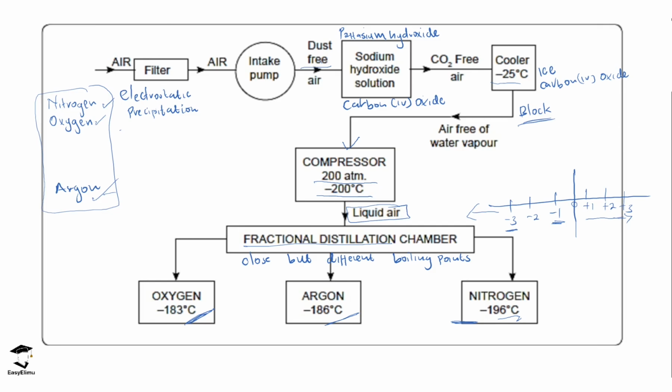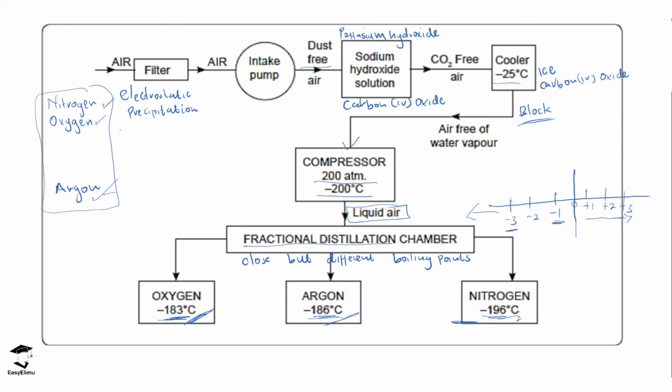So if you look at the temperatures of the solutions that are being distilled off, we see that nitrogen is -196, argon is -186, and oxygen is -183. You notice that -196 is further away on the negative side in comparison to argon and oxygen. Oxygen is actually having a boiling point that is closer to the right side of the number line.